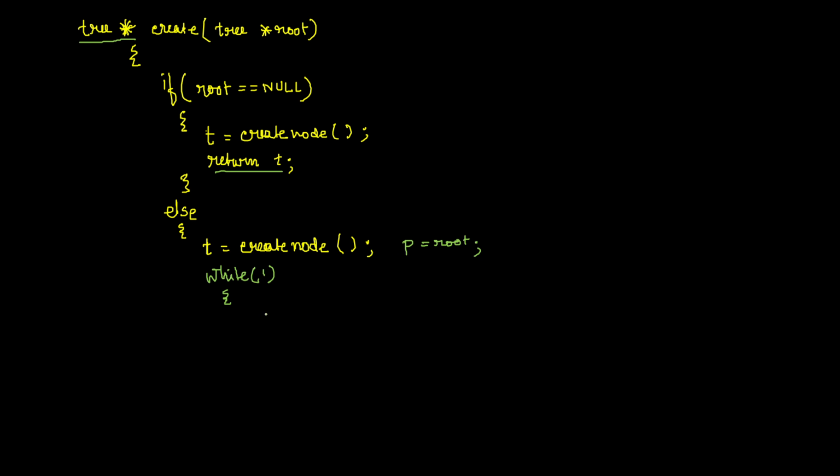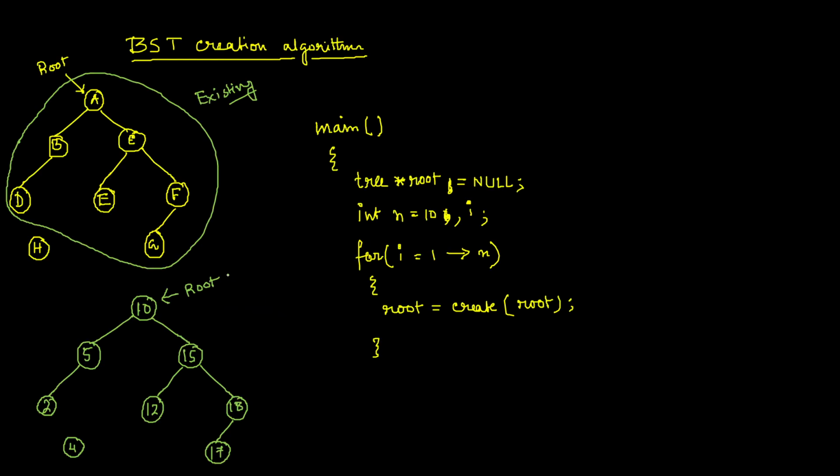So one thing what you can do, within this loop you can check if p, okay, so this is your p basically, and a new node which is pointed by t, right?